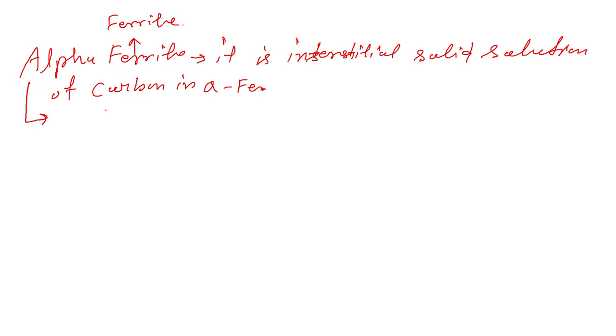The crystal structure of alpha ferrite is BCC.